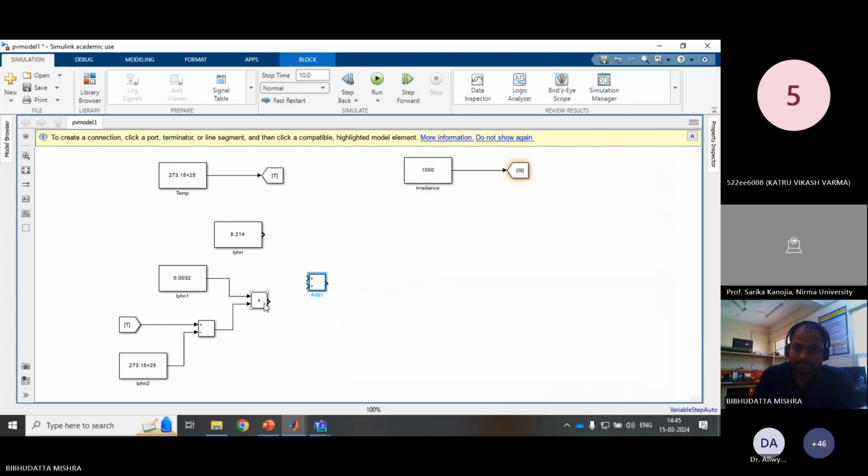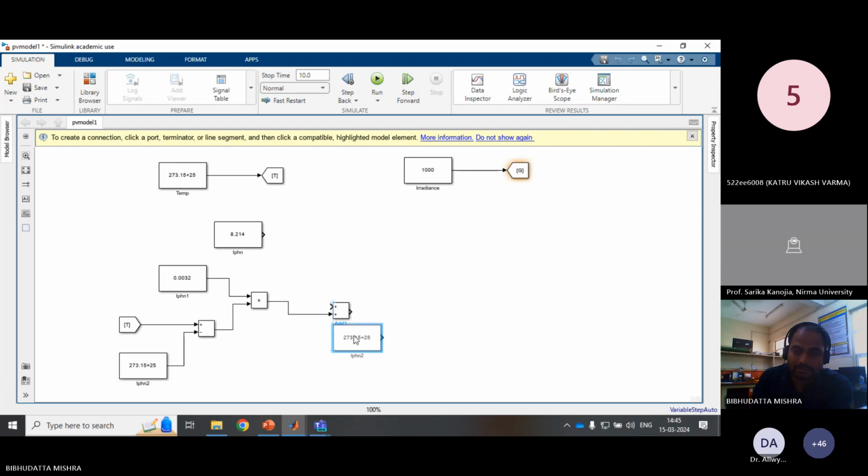So T minus Tn, IPS, it should be multiplied with G minus Gn. Similarly, Gn is fixed.